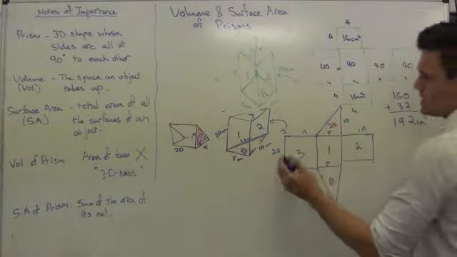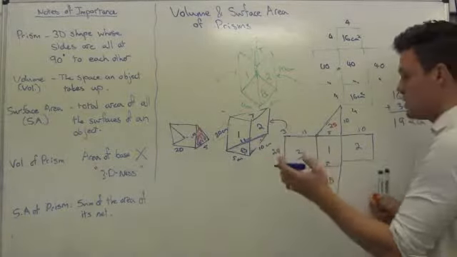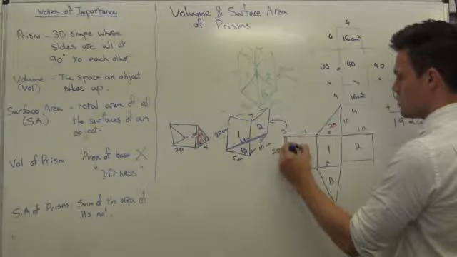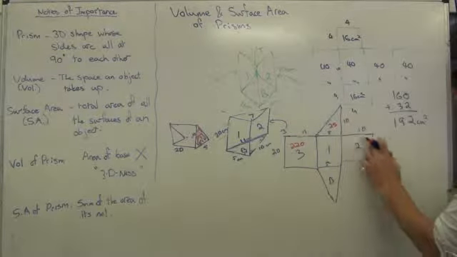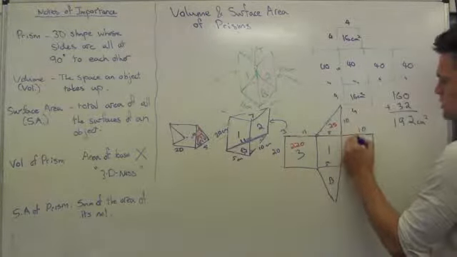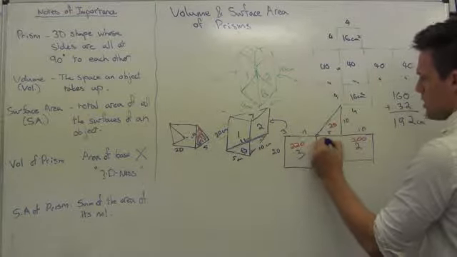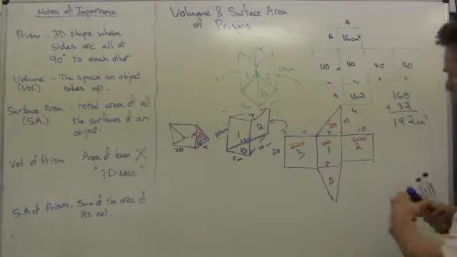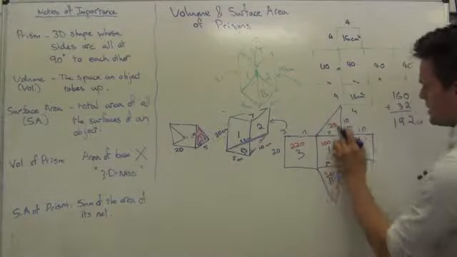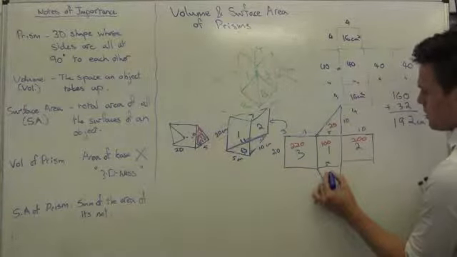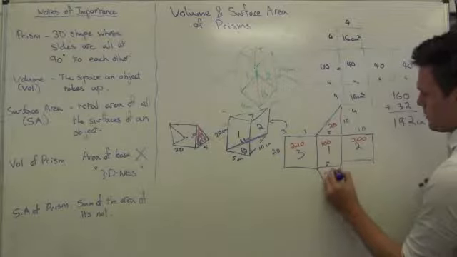That's 11 times 20, so 11 times 10 is 200, and then add on another 20, so 220. And then here I'm going to do 10 times 20, which is 200, and then here 5 times 20, which is going to be 100. Alright, and obviously the base is the same as the top, so that is going to be 25.